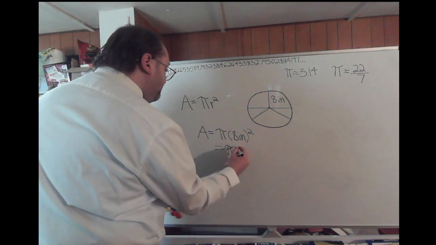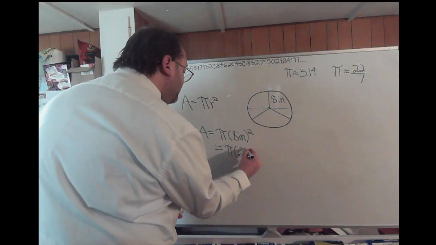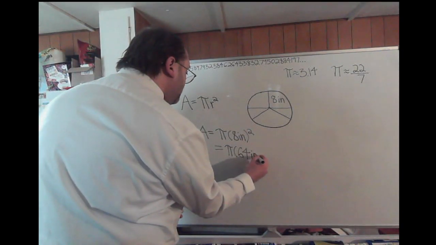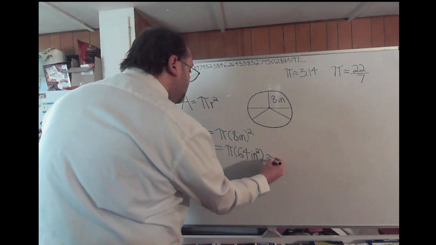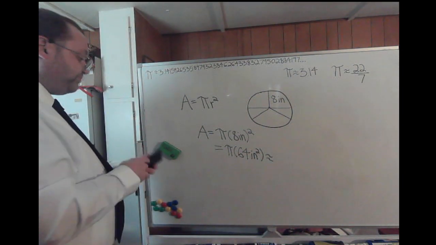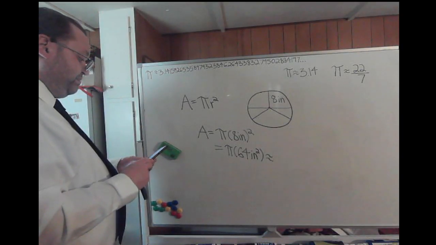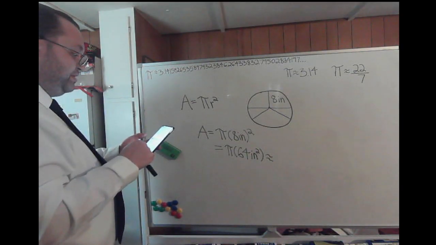So that would be equal to pi, 8 squared is 64, inches squared is, well, inches squared. So you'd have pi times 64 inches squared. I'm going to put pi because there is a pi function in the calculator. There's a pi button.